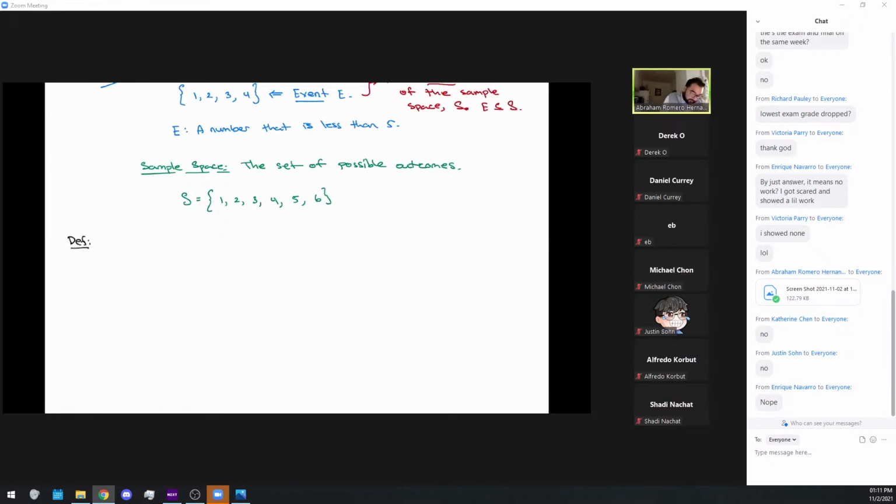If S, which means a sample space, and again, it's a capital S, so don't get it confused. If S is a finite, non-empty sample space of equally likely outcomes.